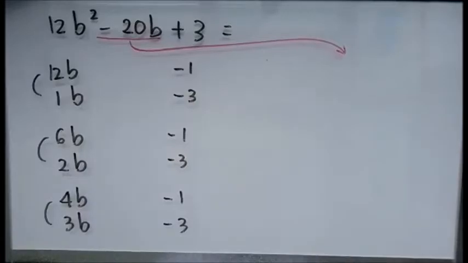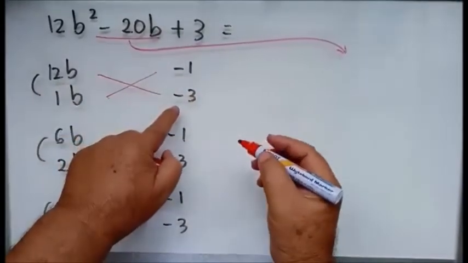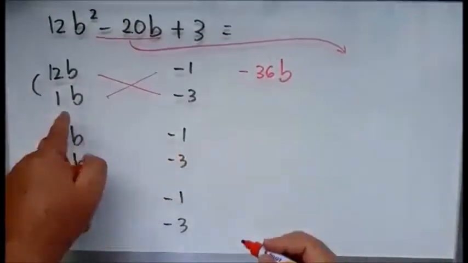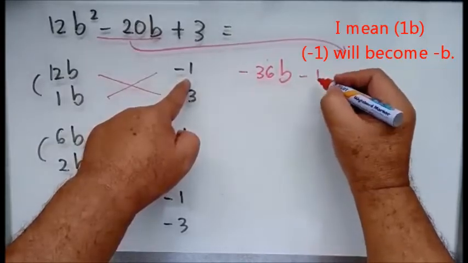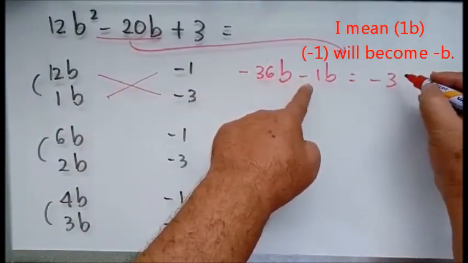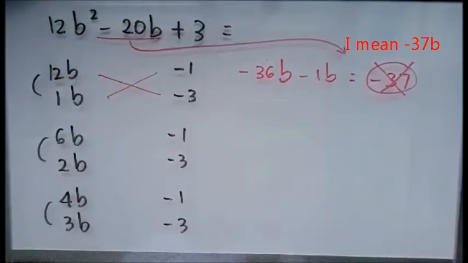Okay, let's try another pair. 12b and negative 3 will become negative 36b. 1 and negative 1 will become negative b. So negative 37, which is not the same, so we have to eliminate this.